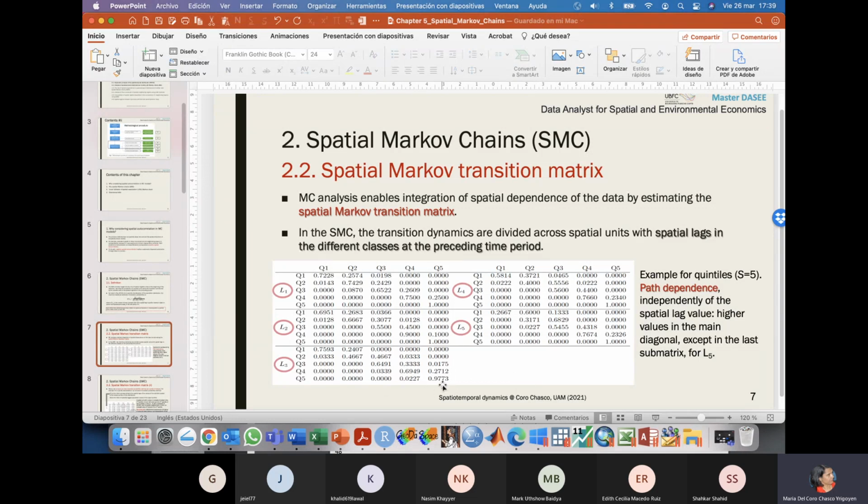So independently of the spatial neighbors, the megalopolis in Chile went on being megalopolis. So if they were megalopolis in a first moment, they went on being megalopolis in the next decade or the next period, no matter the size of their neighbors.